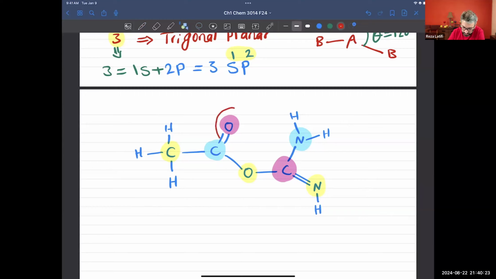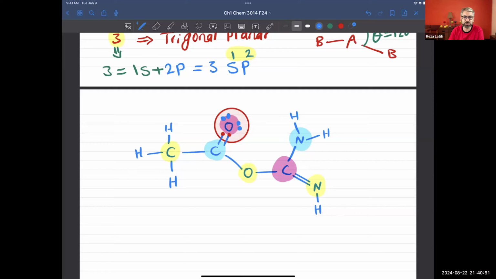Let's draw a circle around it. How many electrons do we see? 1, 2. We made 2 bonds, so 2 plus 2 is 4. How far are we from 8? We are 4 electrons far from 8. So what do I need to do? I need to add 2 lone pairs to oxygen.